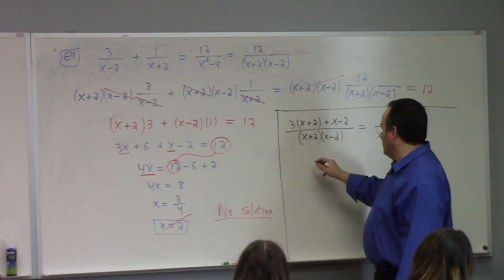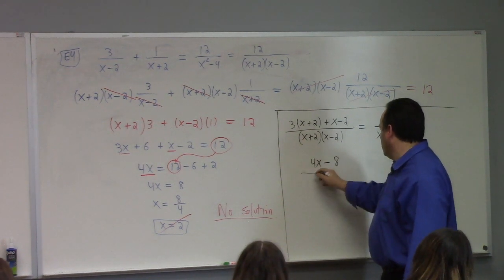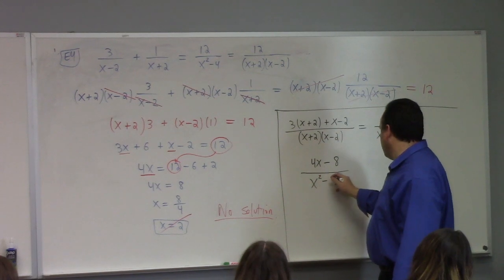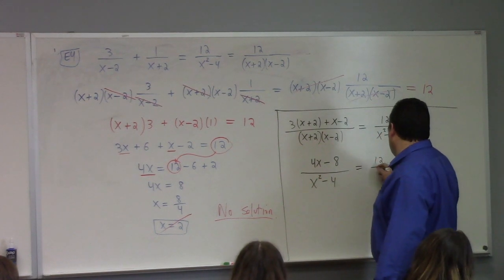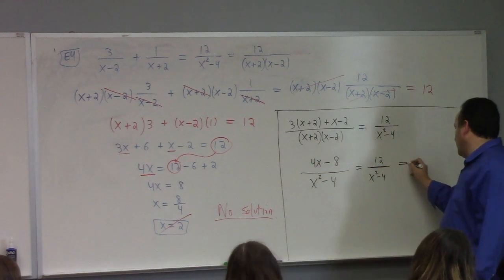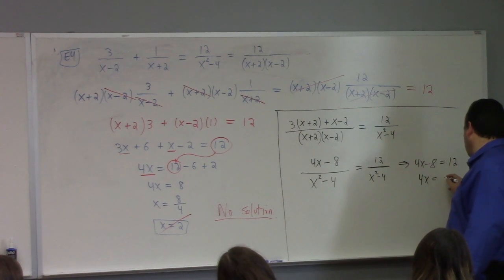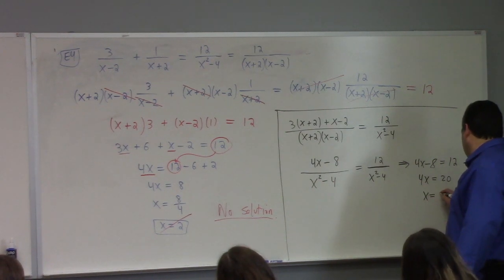Now the numerator becomes 4x minus 8 over x squared minus 4, equals 12 over x squared minus 4. That implies 4x minus 8 is equal to 12, which gives us 4x is equal to 20. Funky. x is equal to 5.